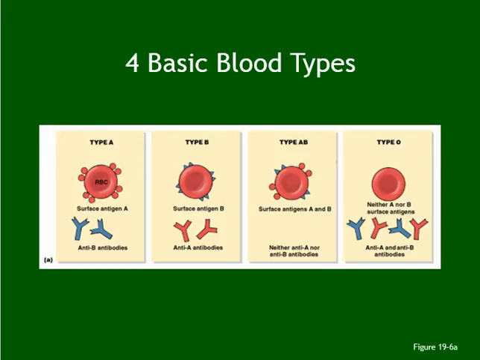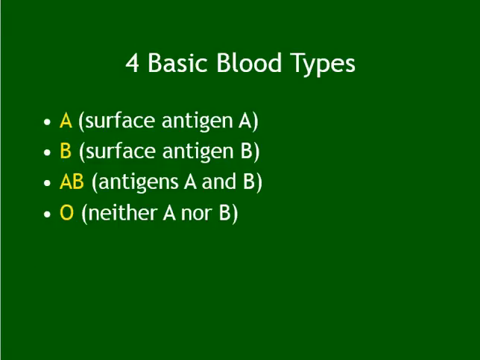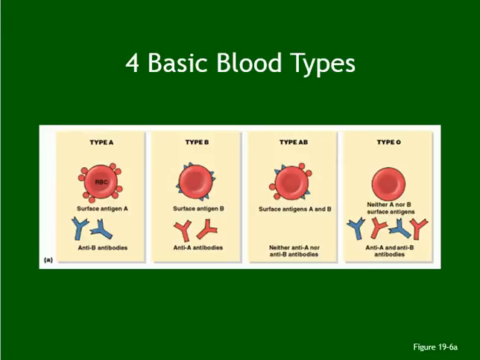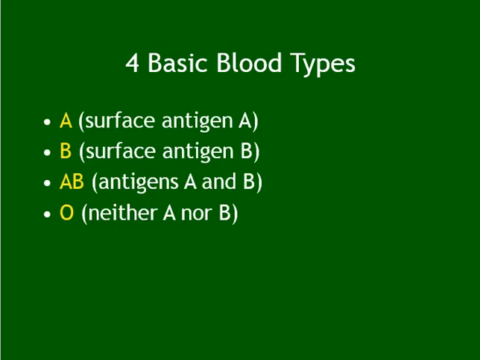Blood types. We need to know this. What type A means regarding antigen antibody. B, AB, O. So this slide is important. This is what we have to know in this part, plus the RH. What's the antigen for RH? What is it called? D. Yes.